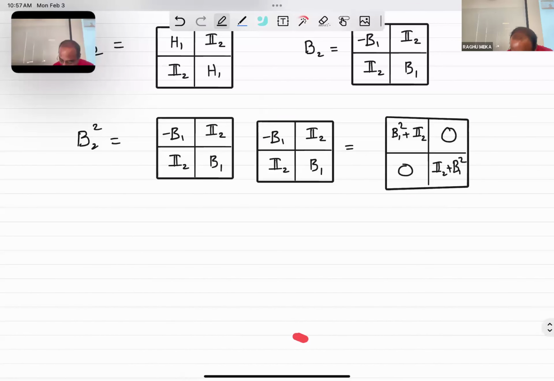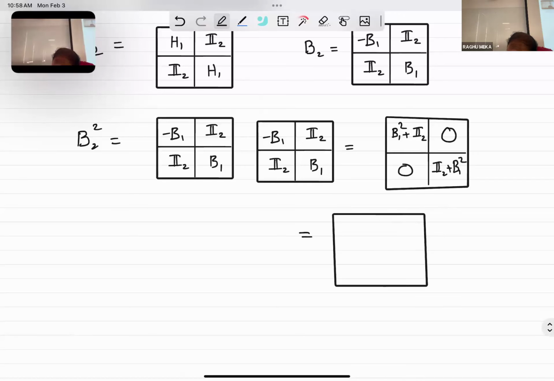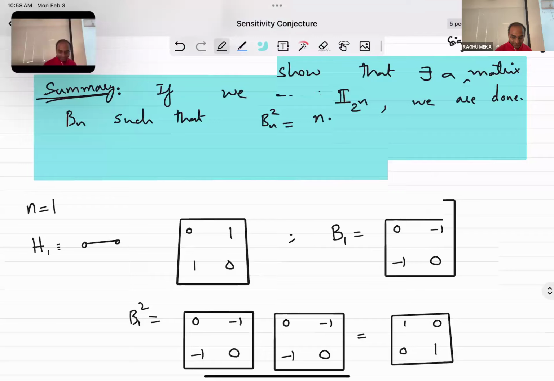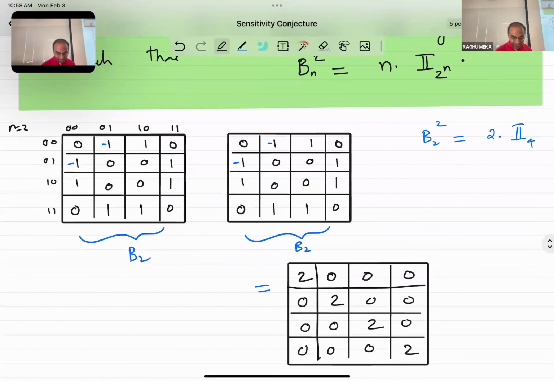So as a matrix, I just got 2 times identity, which is what we really wanted. And that's what I wrote down here.